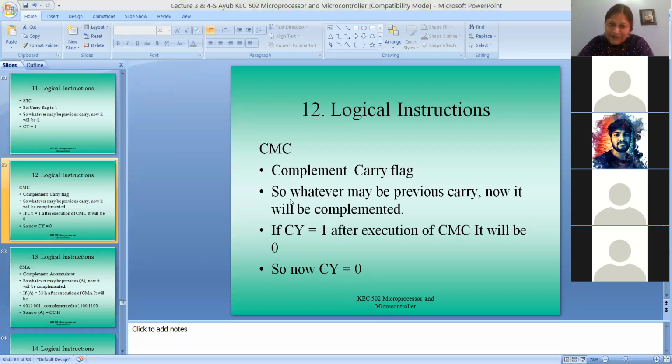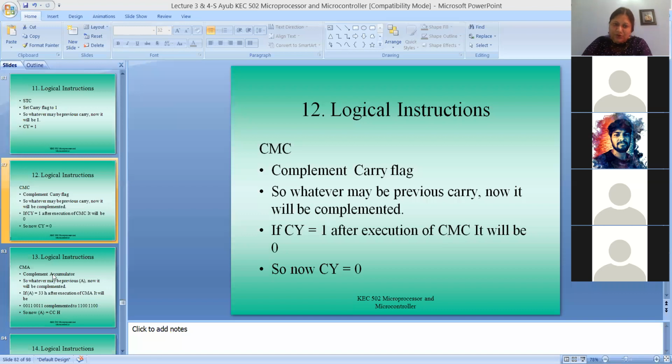Suppose your carry flag previously is 1, and you execute the instruction CMC, then it will become 0. If your carry flag previously is 0, then after CMC instruction, it will become 1. So this instruction is just inverting the previous status of the carry flag.